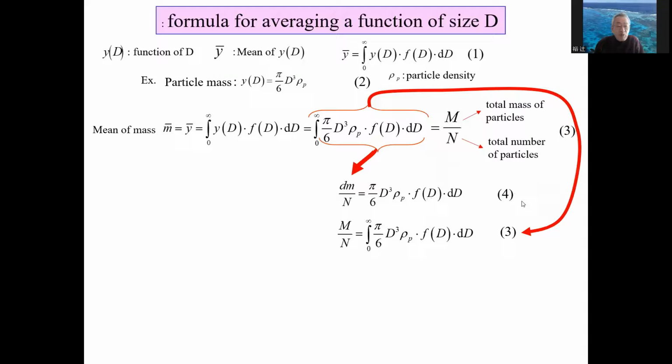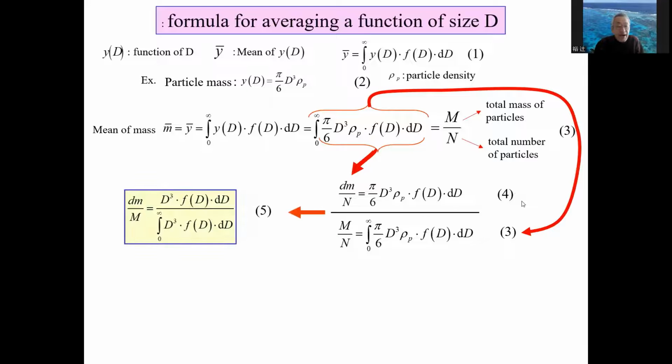The last part of equation 3 is shown below equation 4. Dividing equation 4 by equation 3 gives dm over m in equation 5 as shown on the left.